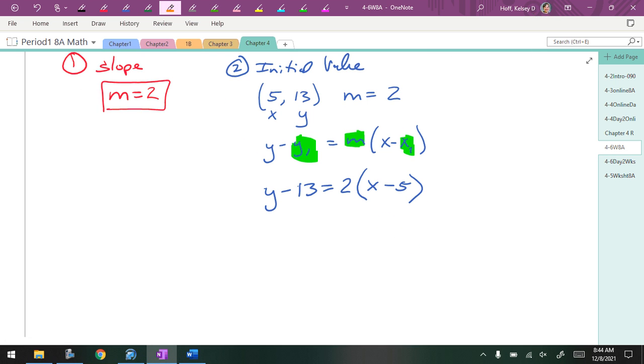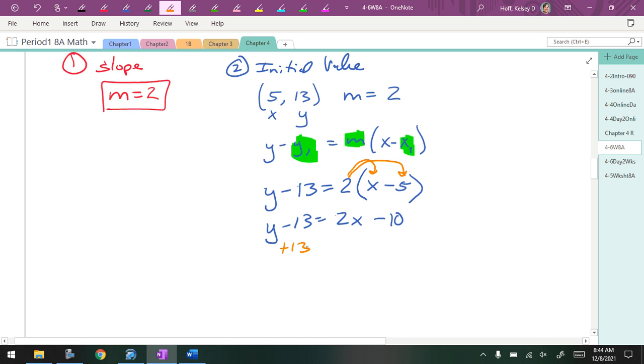Then I need to distribute my 2. Very good. So y minus 13 equals 2x. Careful, 2 times 5 is negative 10, so minus 10. Very good.